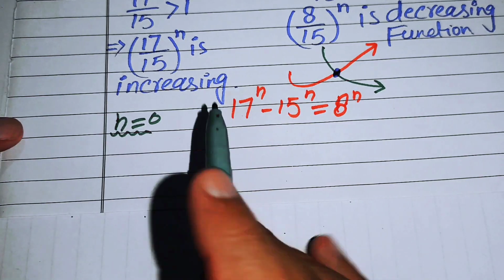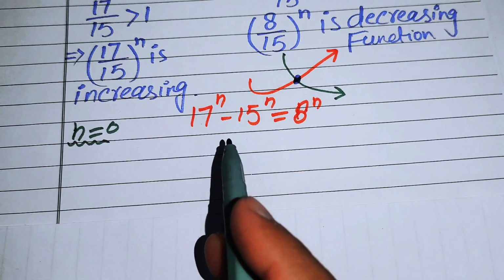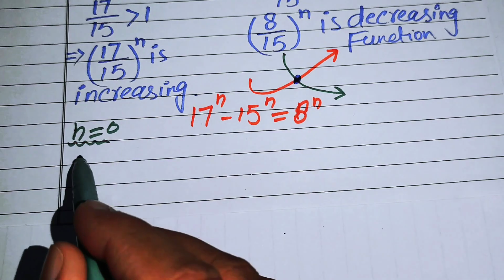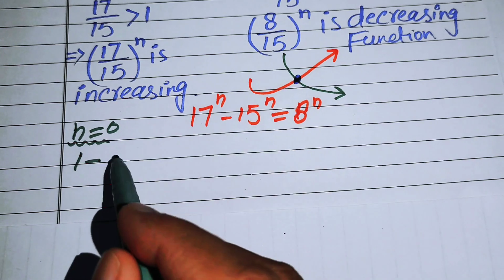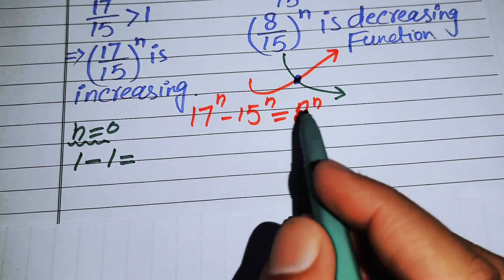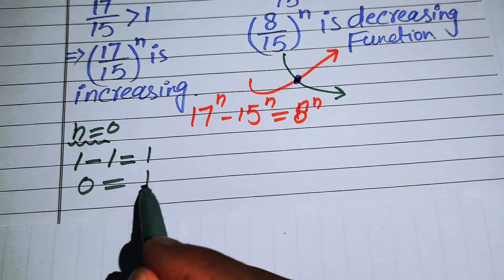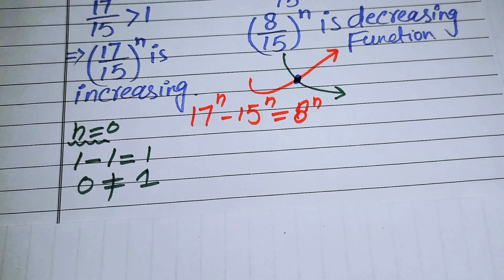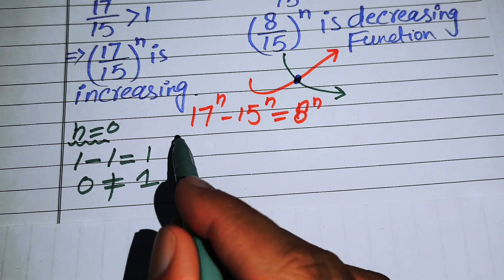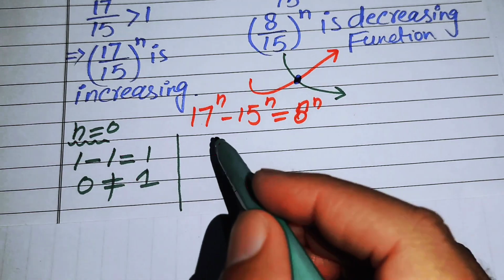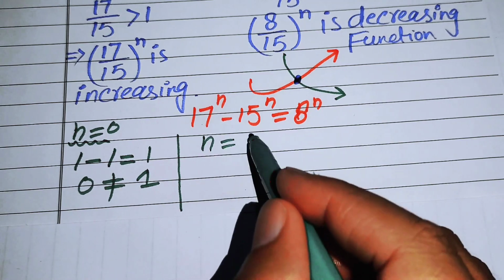When you substitute n equals 0, we have 17 to the power 0, and something to the power 0 is 1, minus 15 to the power 0, which is also 1, equals 8 to the power 0, which is also 1. So here you have 0 equals 1. You know that 0 can't be equal to 1, so it is not satisfied.